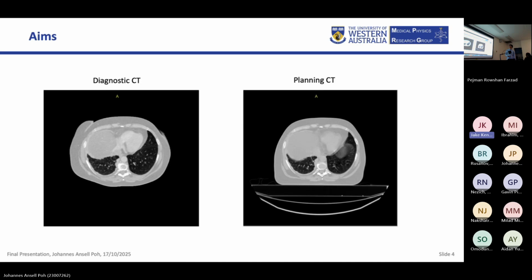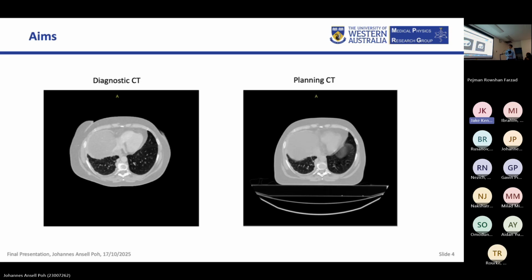So if the treatment plans are generated just on the diagnostic CT images instead of the planning CT, then the patient cannot be treated with a flat couch.